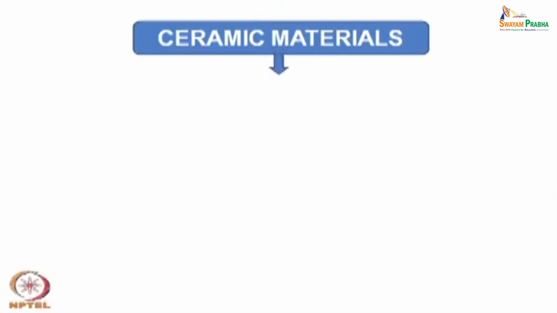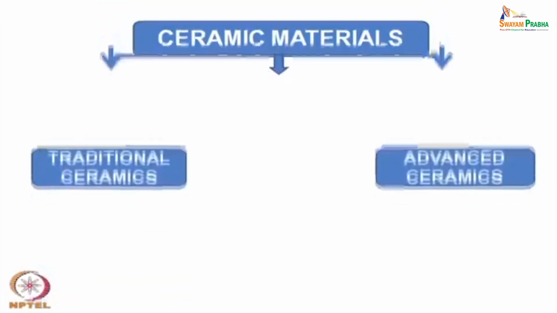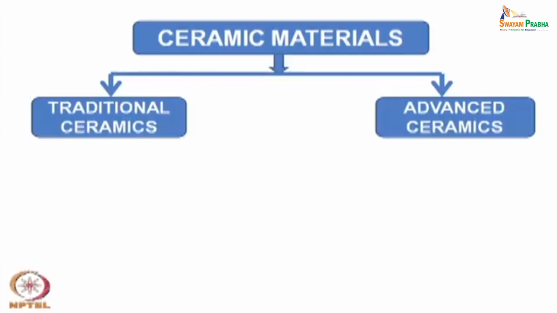So, ceramic material as a whole can be grouped under two important subgroups. One group is called traditional ceramics, the other is called advanced ceramics. This course is particularly on advanced ceramics, so most of the time we will spend on advanced ceramics.